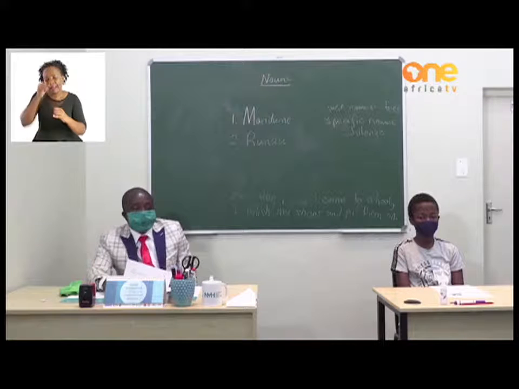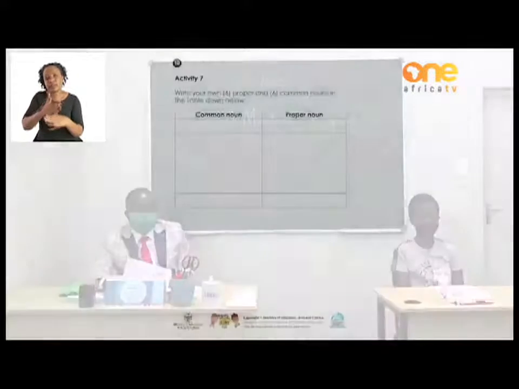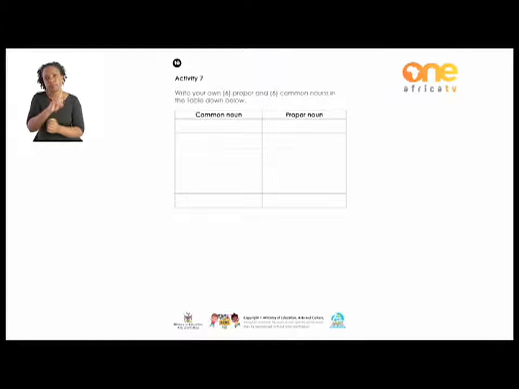Last but not least, let's go to page 10, which is activity number 7. It says, write your own 6 proper and 6 common nouns in the table down below.